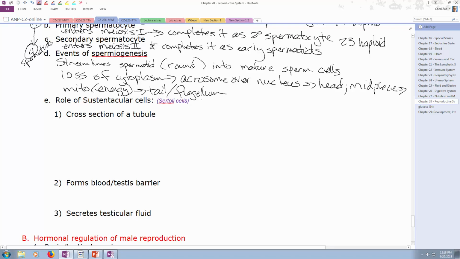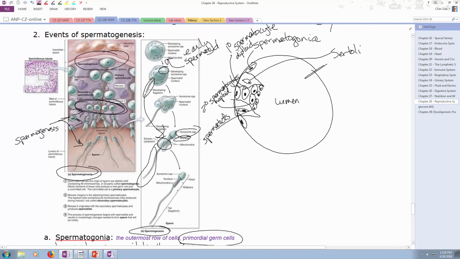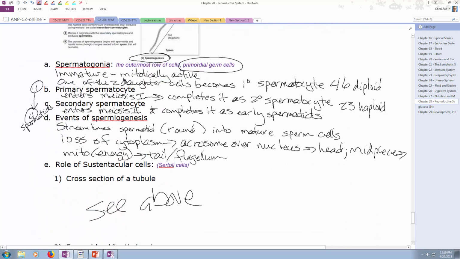The sustentacular cells are the Sertoli cells. Cross-section of a tubule, see above. Because we already drew it, we had space, and so it also helps to explain the various layers that we actually see here: primary spermatocytes, secondary spermatocytes, and then spermatids, and then spermiogenesis occurs.